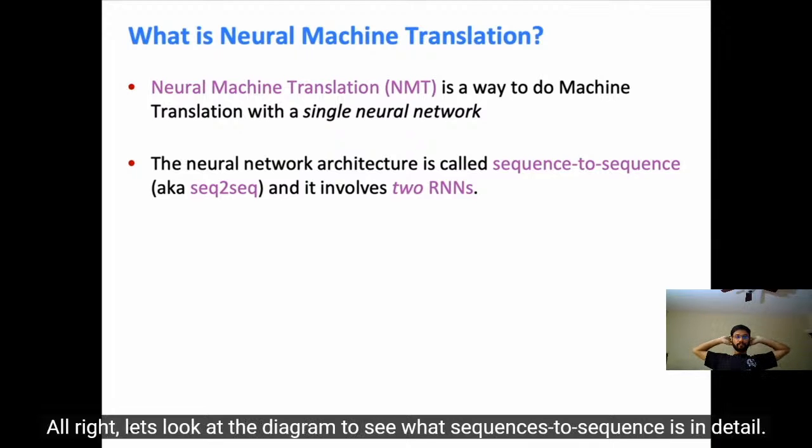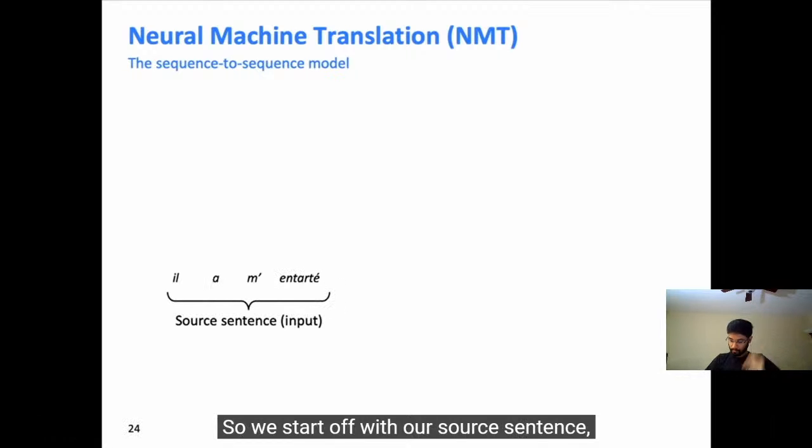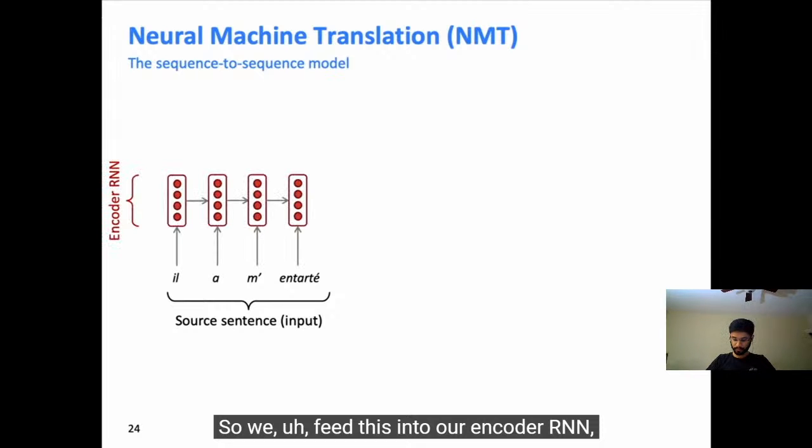All right, let's look at a diagram to see what sequence-to-sequence is in detail. So we start off with our source sentence, and we're going to use our example from before, il m'a tarté, which means he hit me with a pie. So we feed this into our encoder RNN, and this is, as you've seen before, I've drawn a unidirectional RNN, but this could be bidirectional.